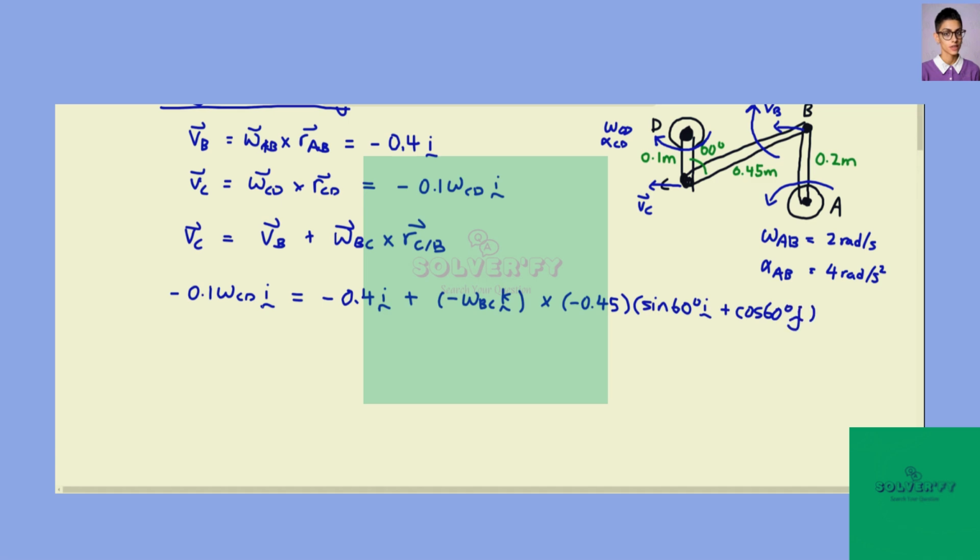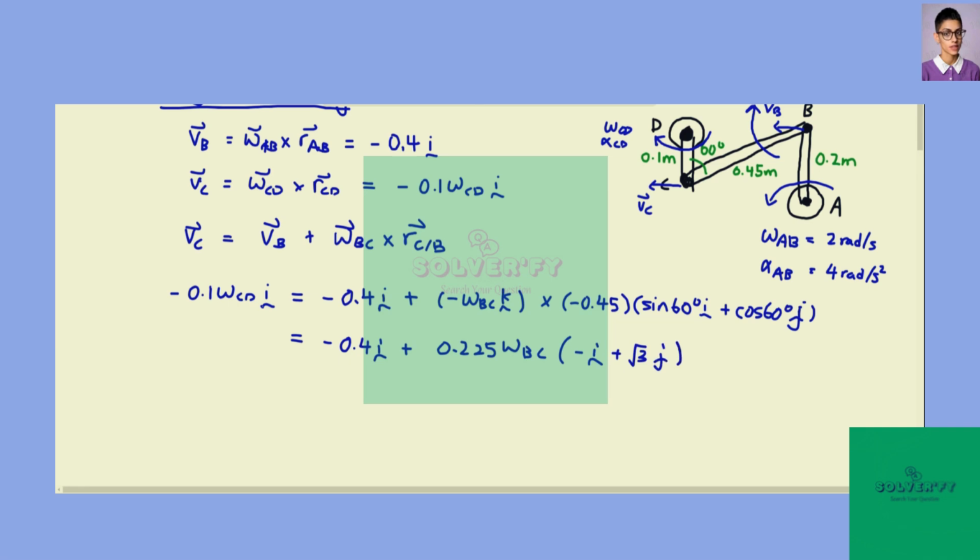C is left of B and below B, so there's a negative sign in front of the 0.45. Then continue, and this is what you get.